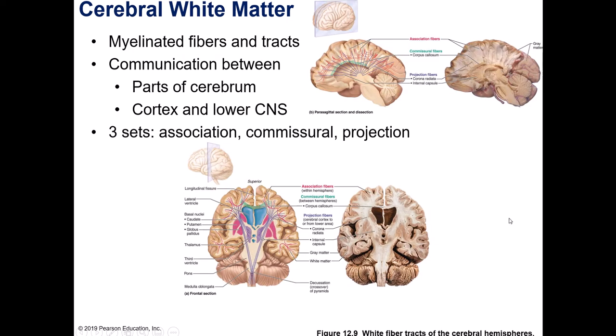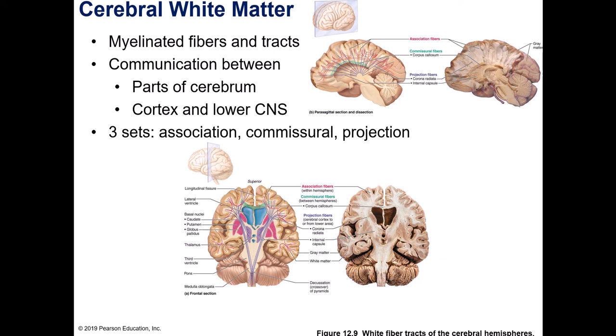When it comes to the cerebral white matter, we are then talking about all of the rest of the mass of the cerebrum. And the white matter is all of the myelinated axons, right? So it's all sending and receiving information, essentially.